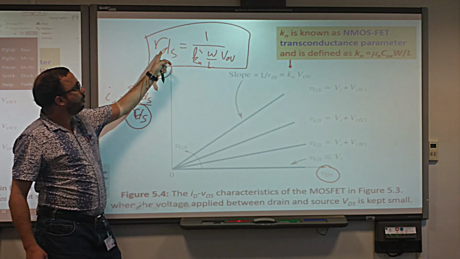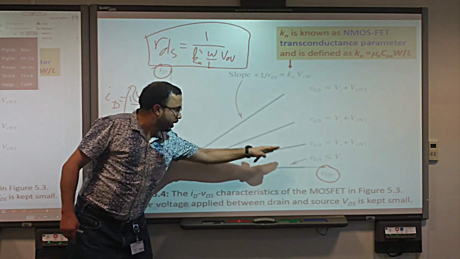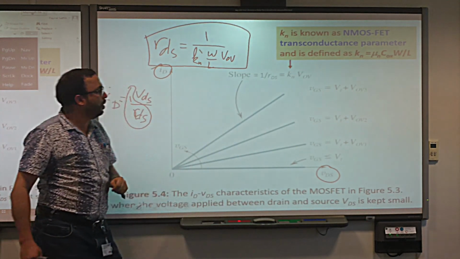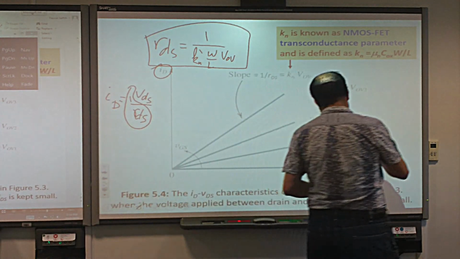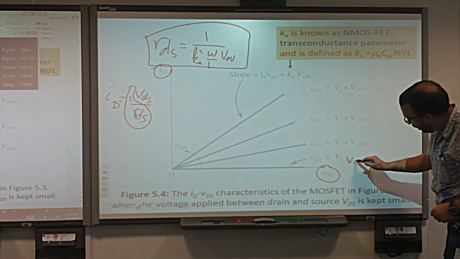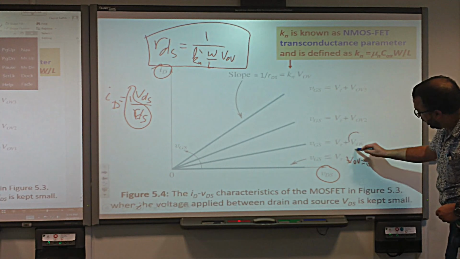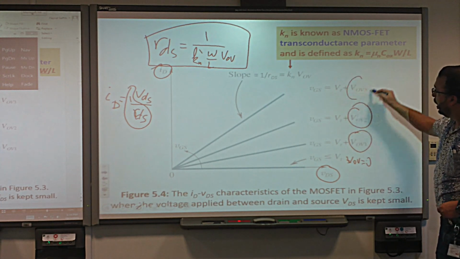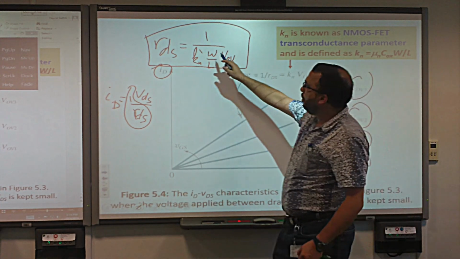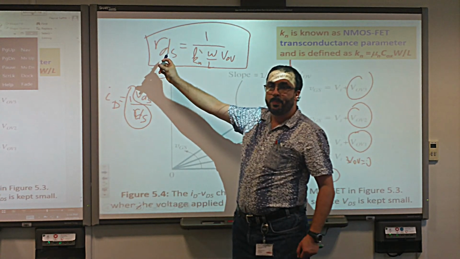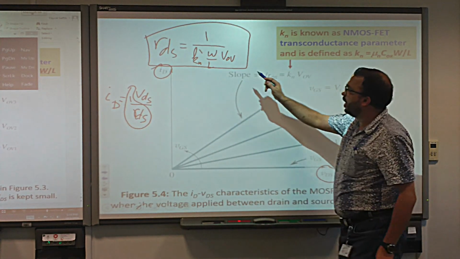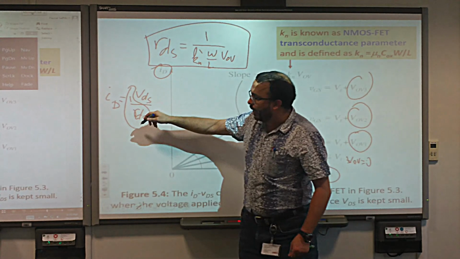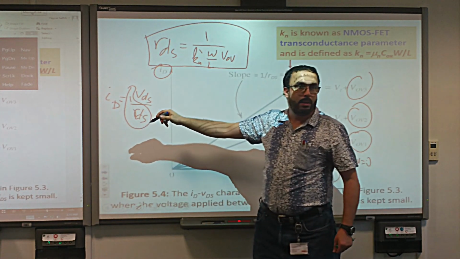These graphs like you see here, each one of them corresponds to a certain overdrive. Here the overdrive is 0. Here it has a certain value, here a certain value. As we increase the overdrive, what happens to RDS? It decreases. Very good. But 1 over RDS will increase.